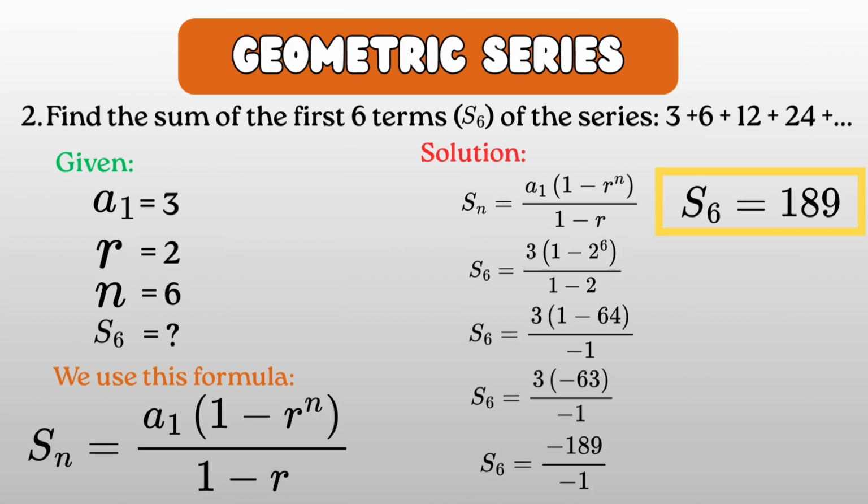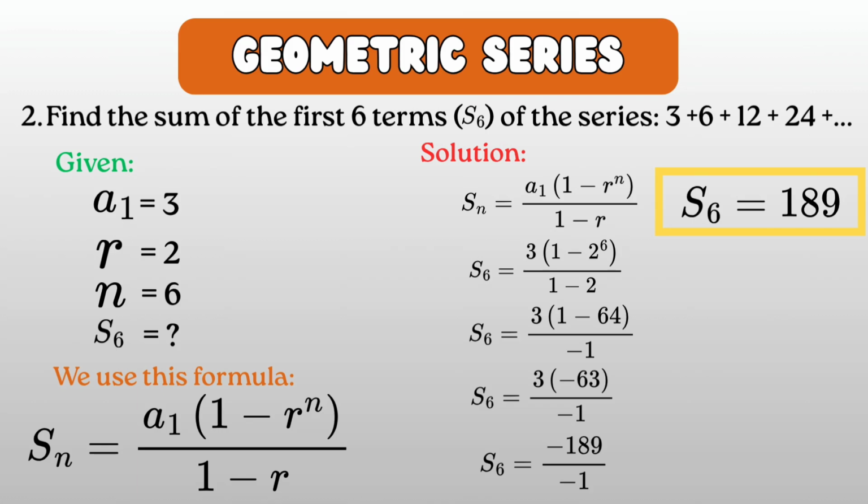Our common ratio, r, is 2. Our number of terms, n, is 6. We use the formula. S sub n is equal to a sub 1 times the quantity of 1 minus r raised to the power of n, all divided by 1 minus r.